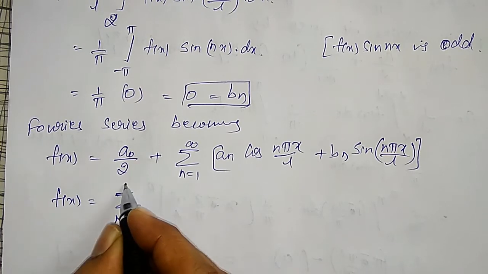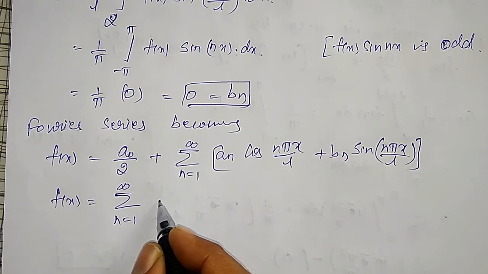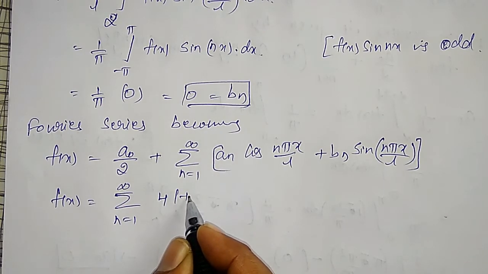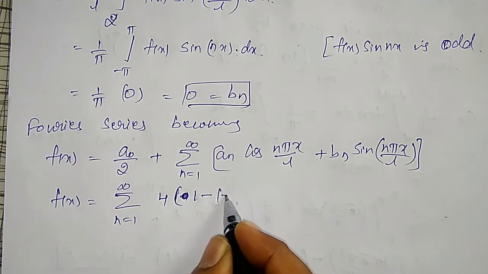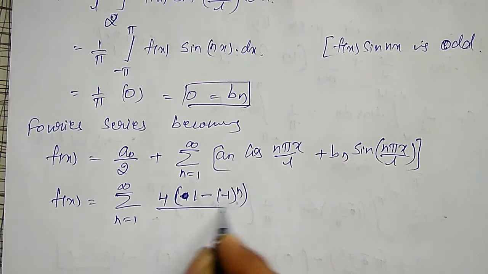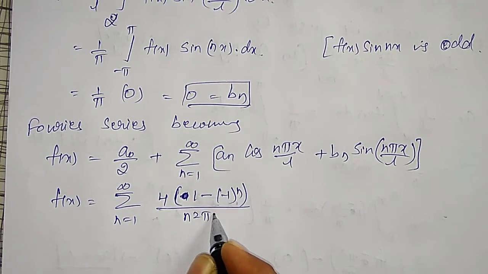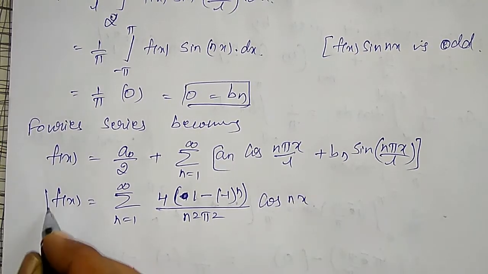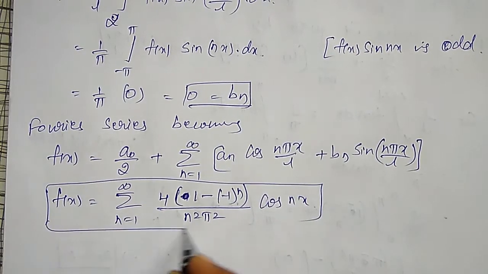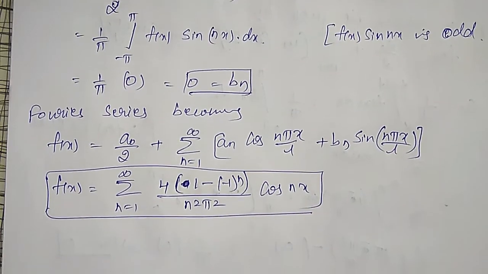Summation n equal to 1 to infinity, an is 4 times 1 minus minus 1 raised to n divided by n square pi square into cos nx. This is my Fourier series required. Using this, the deduction I have to do.